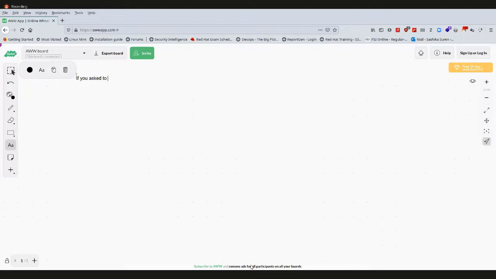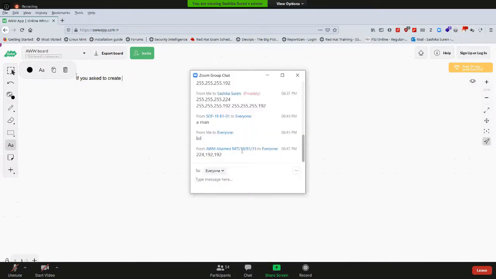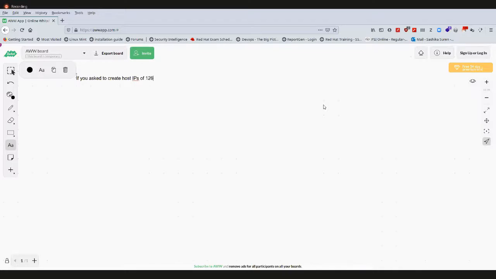So until now, let me say, if you are asked to create host IPs of 126, what is the subnet mask and slash notation required for it? Then for 28 host IPs, what is the subnet mask and slash notation?